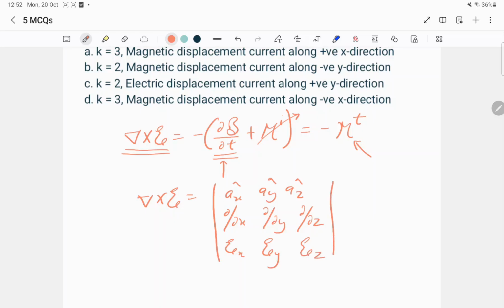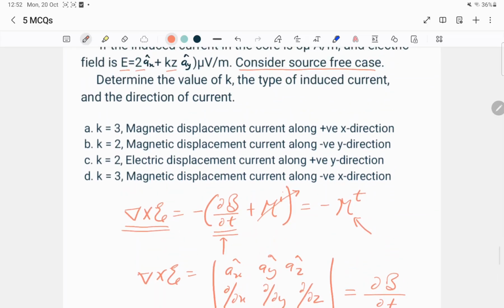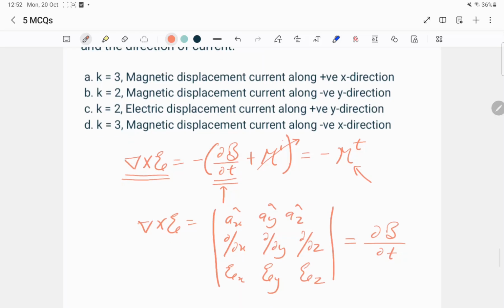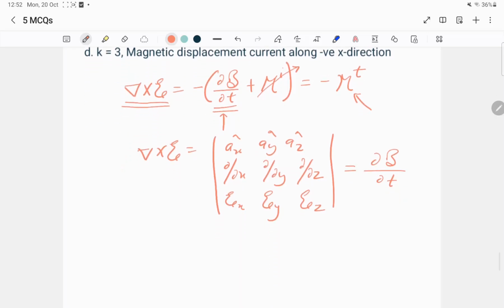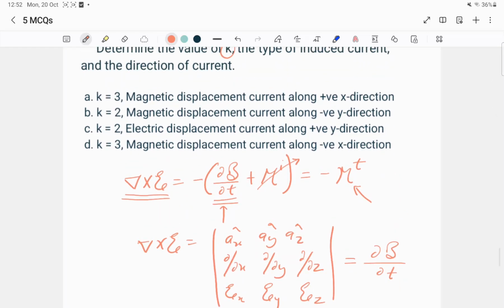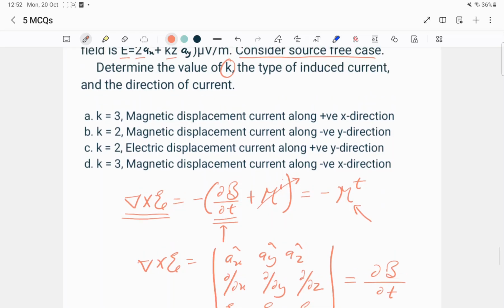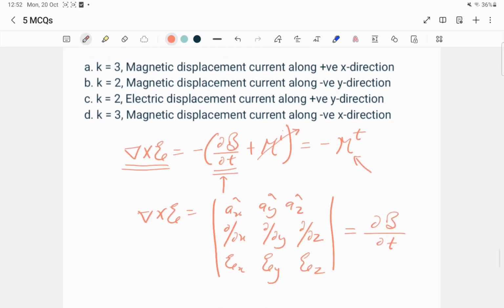If you solve this and equate it to delta B over delta T, then you can find the value of K. I hope you will be able to solve this question. You have to find the value of K, the type of the displacement current, and the direction of the current.